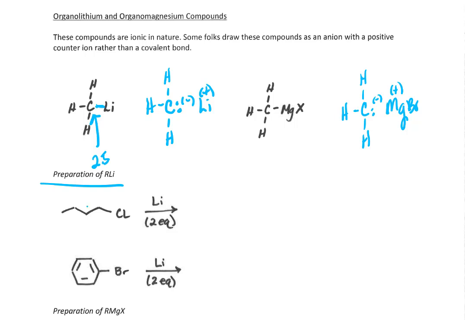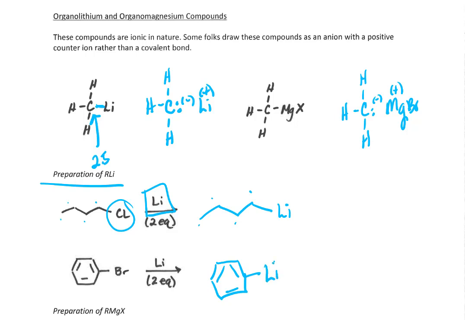So when you add an alkyl halide with some lithium, what you're expecting is the same number of carbons, so 1, 2, 3, 4, 1, 2, 3, 4, and then your lithium. The same thing is going to happen here, which is quite interesting because some of our other reactions we've talked about can't happen at sp2 hybridized carbons, and that's not the case here.